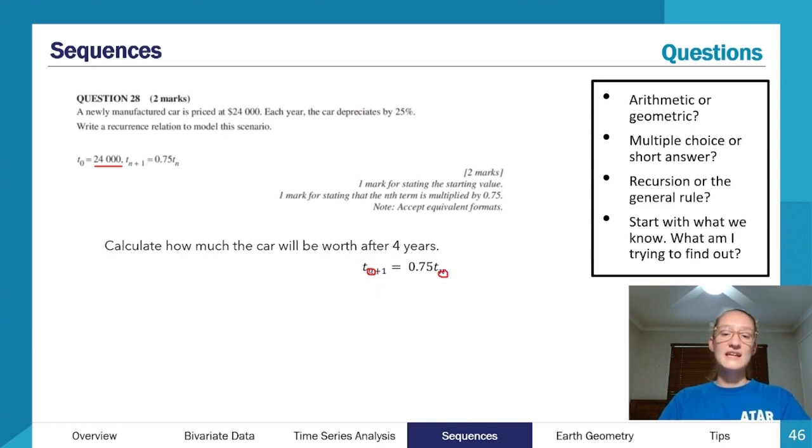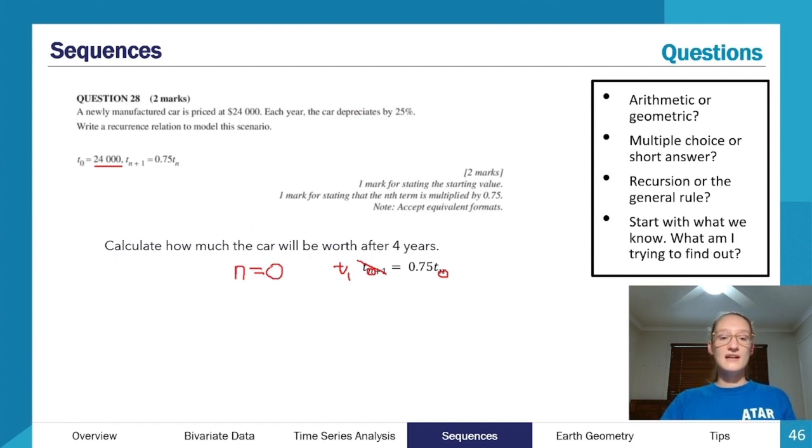And if I have T0+1, I know that this is now T1. So by substituting in n equals 0, let me say that at the start, let n equal 0, because that's what we've done here.